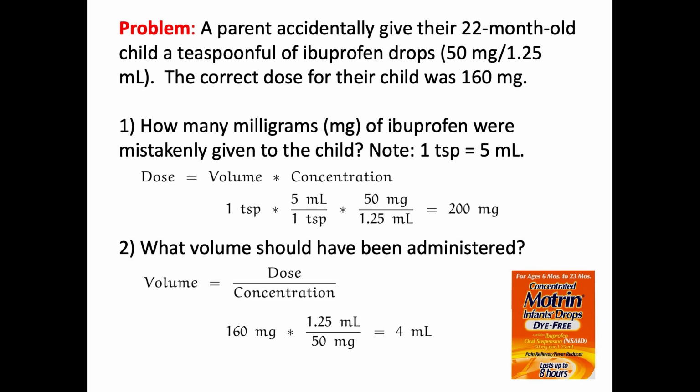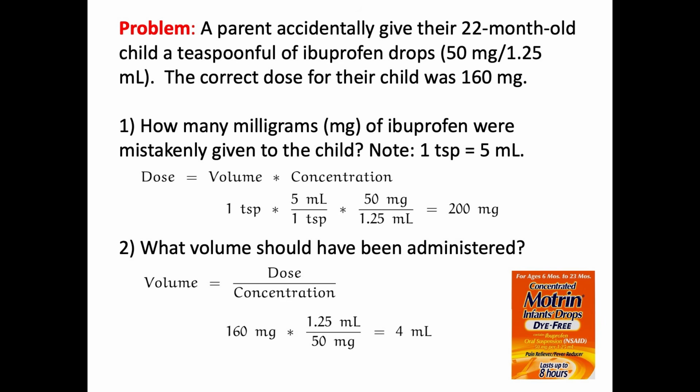So the second question is, if they wanted 160 milligrams, what volume should have been administered? So again, now we know the dose of 160 milligrams. We know the concentration. So what we're solving for is volume. And we know that volume is equal to dose divided by concentration. So using my dimensional analysis, I'll take the 160 milligrams and multiply by the concentration expressed as 1.25 milliliters over 50 milligrams.